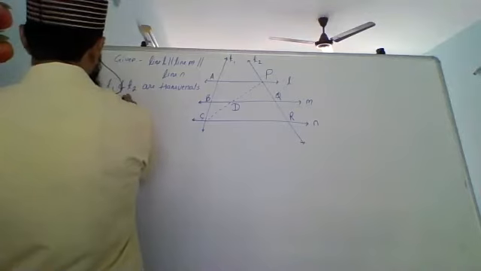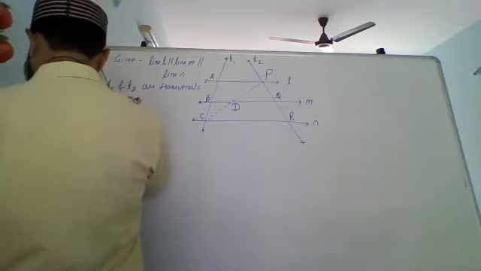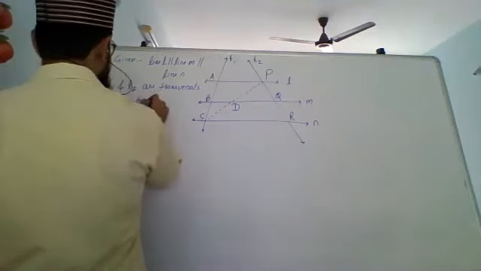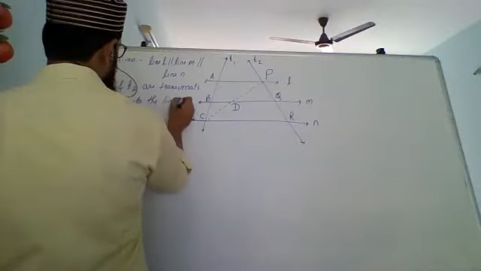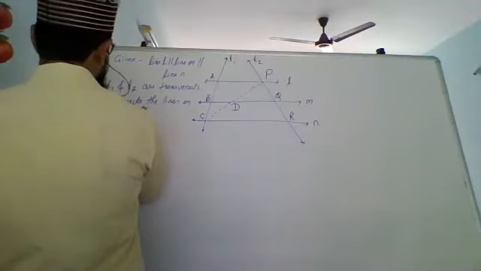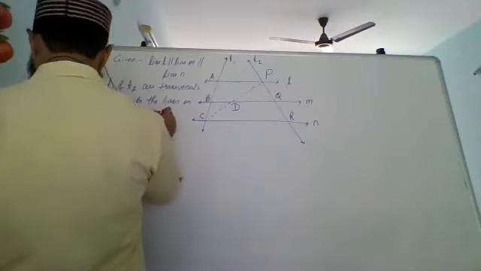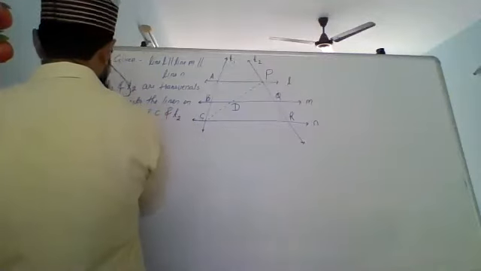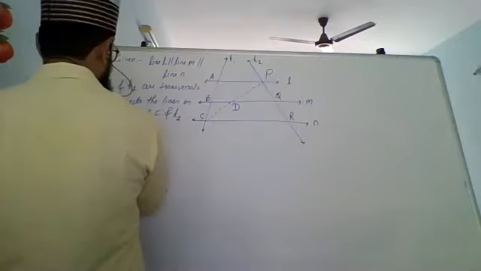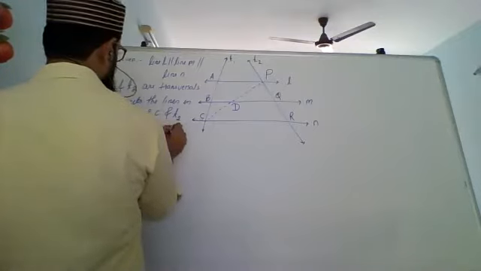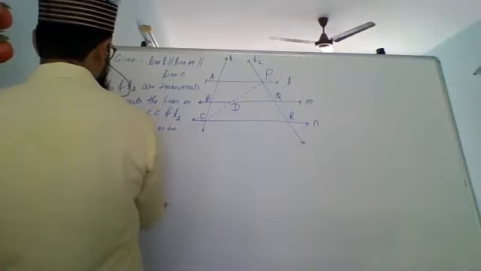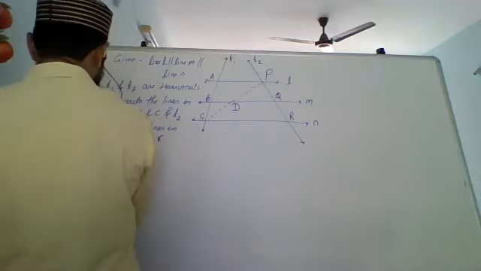T1 intersects the lines in points A, B, and C, and T2 intersects the lines in points P, Q, and R. What do we have to prove?